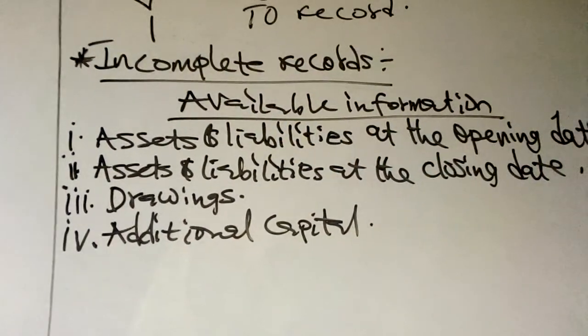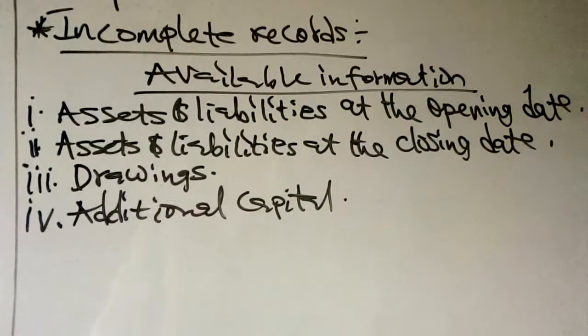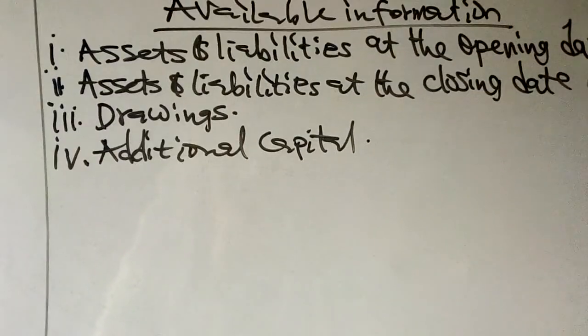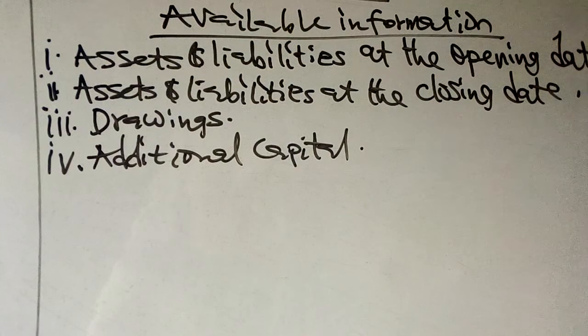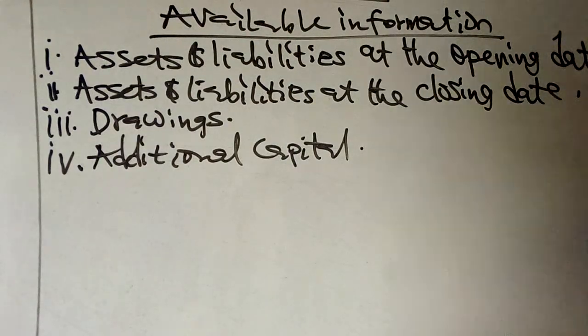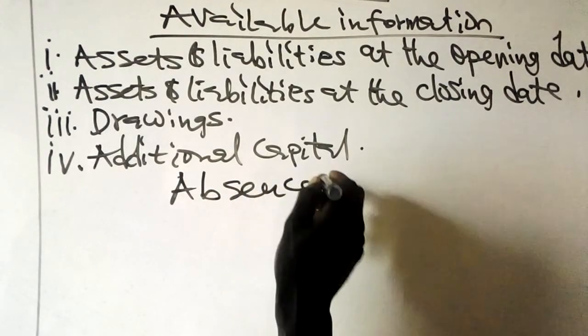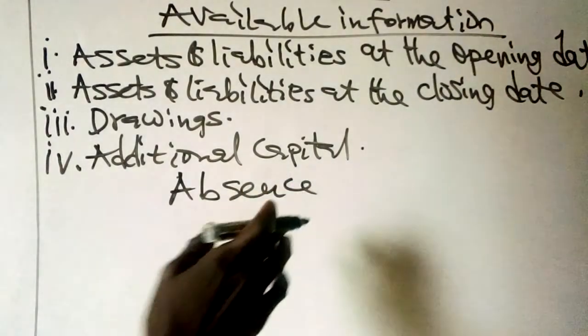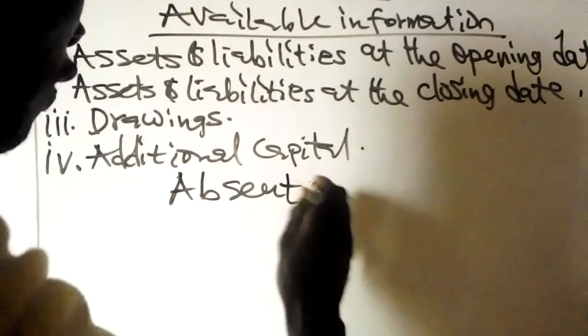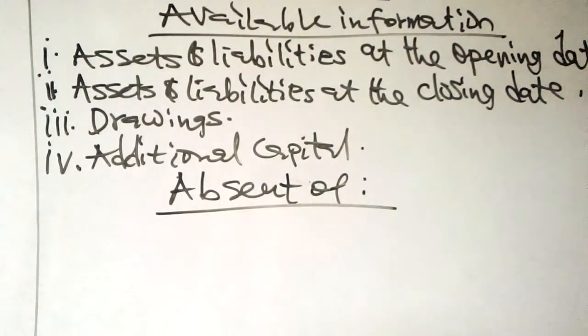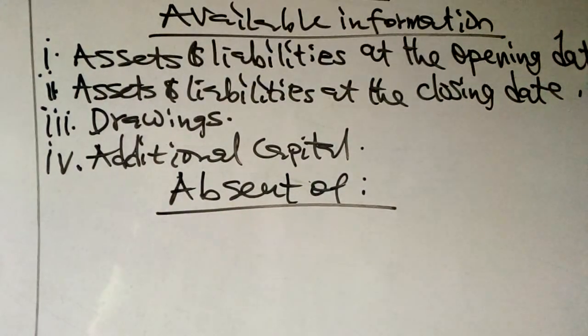These are the information you may be provided in an incomplete records question. So anytime you are given this information, you know that the question is an incomplete records question. The following information will be absent, meaning that it will not be given in incomplete records.